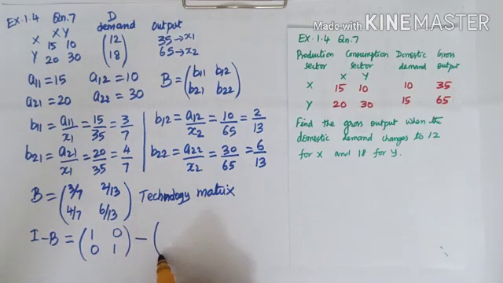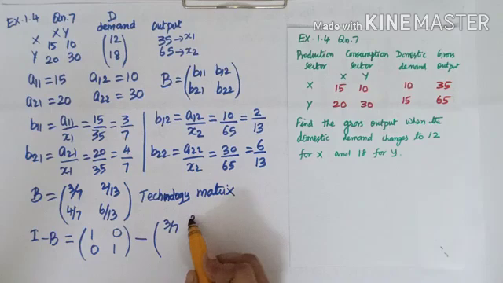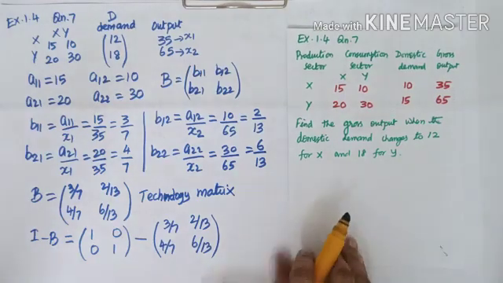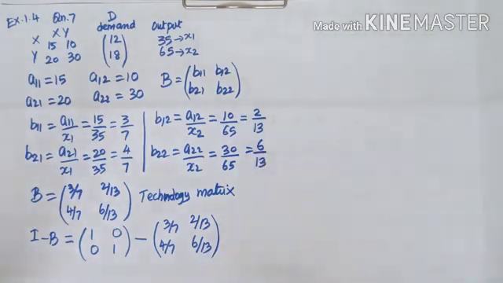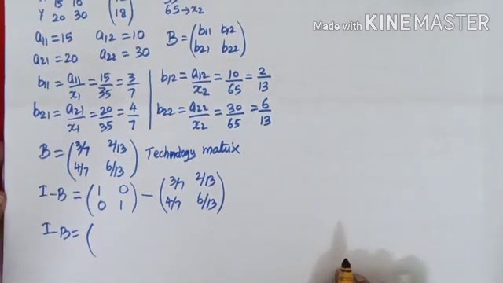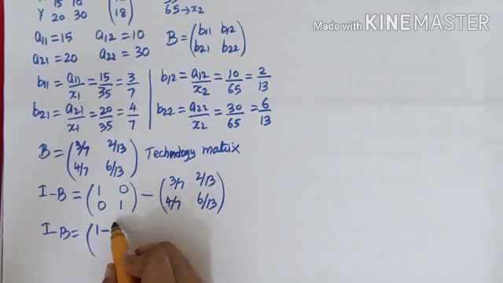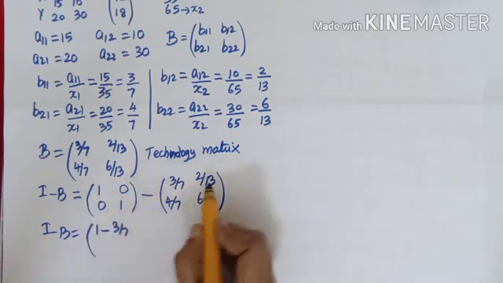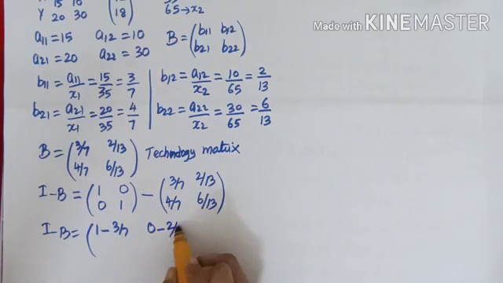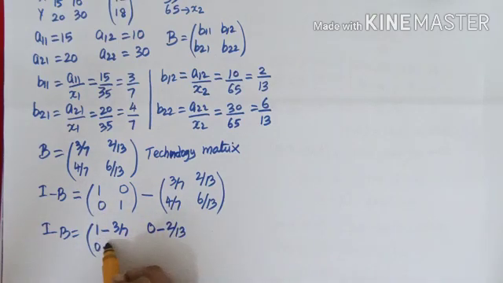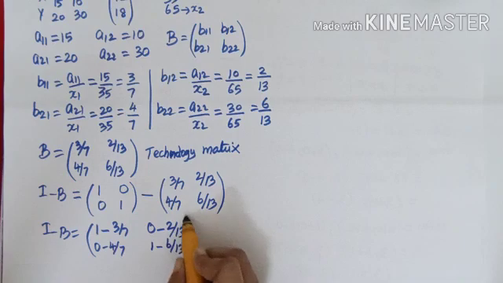1 0 0 1 minus 3 by 7, 2 by 13, 4 by 7, 6 by 13. As we subtract, let us write down 1 minus 3 by 7 corresponding elements. 0 minus 2 by 13, 0 minus 4 by 7, 1 minus 6 by 13.